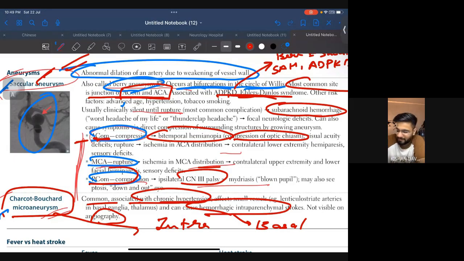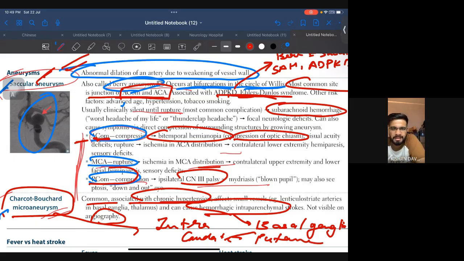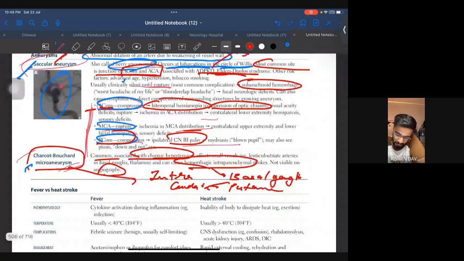Or instead of basal ganglia, they will give you caudate, or they can give you putamen. These are parts of basal ganglia, right? So anything they can give you. Think about intraparenchymal hemorrhage and Charcot-Bouchard aneurysm as one of the causes of intraparenchymal hemorrhage. I hope this is clear. Questions will be there.